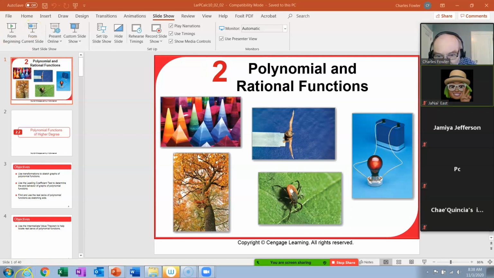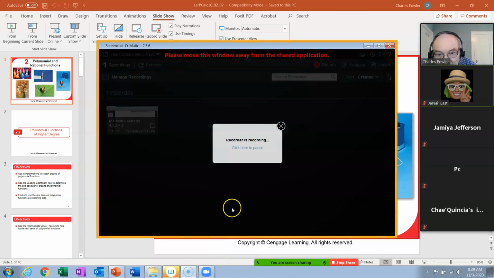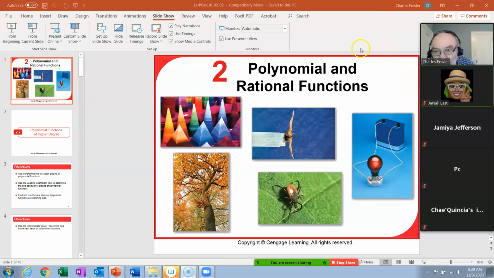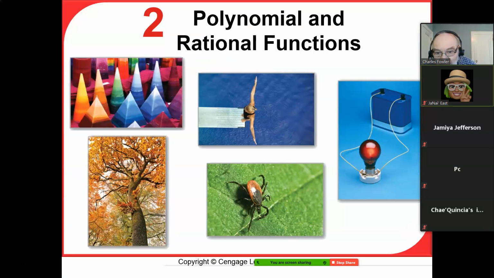I was trying to make sure Screencast-O-Matic was recording. I had it recording. Why it's not showing up in the bottom left, I don't know. Oh, there it is, it's showing up now. Okay, any other questions, issues, concerns, problems?